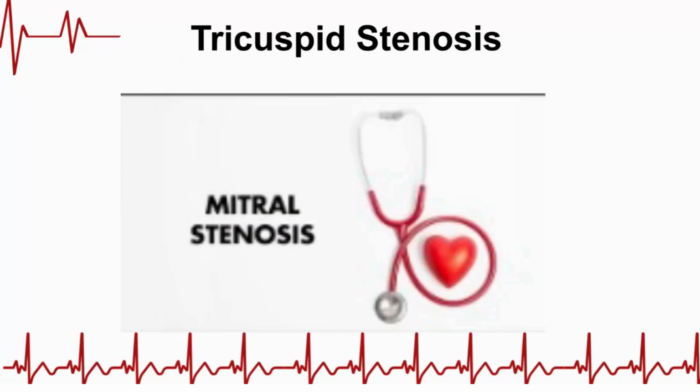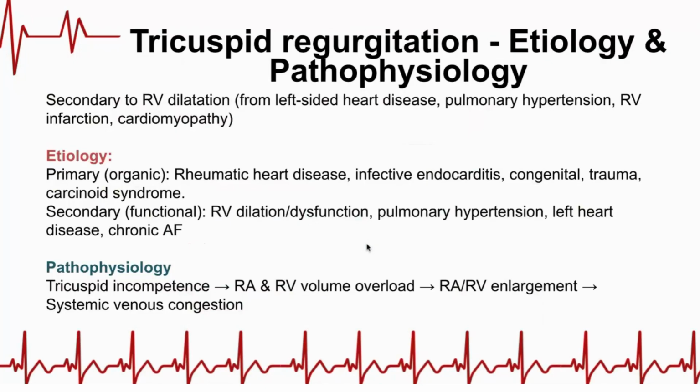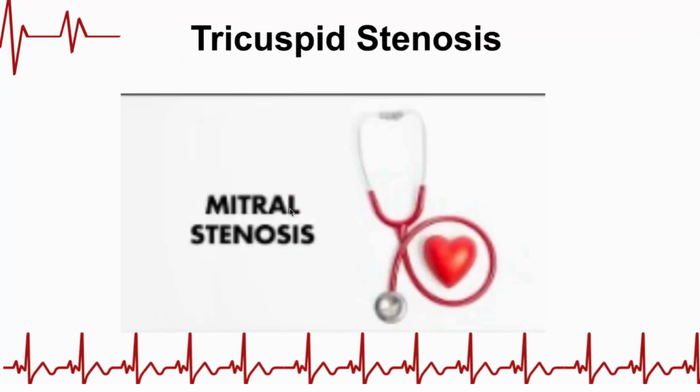Now, one of the things that I wanted to mention is that the sound of tricuspid stenosis is very similar to mitral stenosis. Oops, this one is not working, but it's very similar to mitral stenosis. The videos that are in this PowerPoint will be shared with you, and I think it's very good revision.